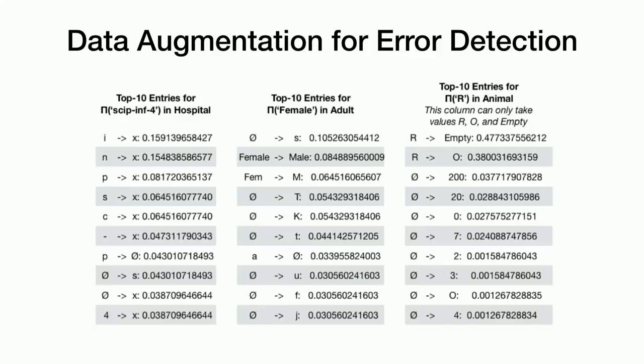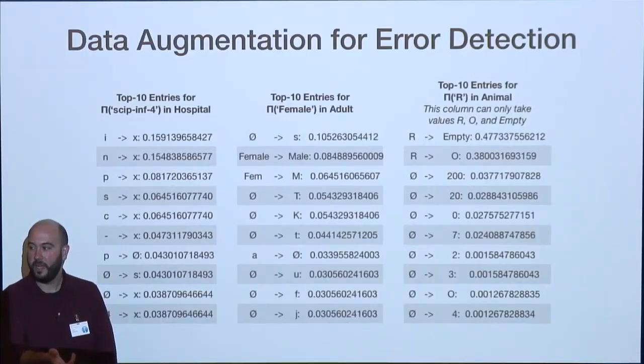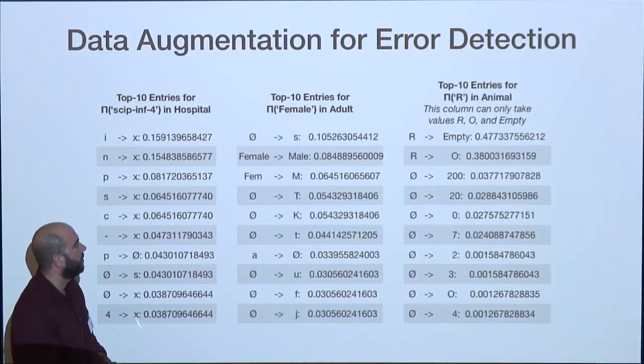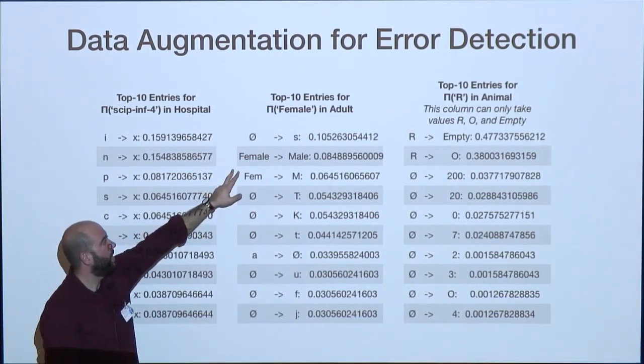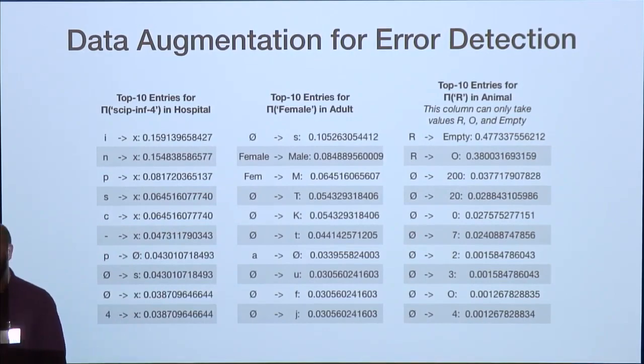These are some example transformations that we've learned from real data. This is a benchmark data set where you have typos being injected by adding the character X. You see that the most prominent transformation it learns is changing everything to X. This is from the adult data set in UCI, which has some naturally occurring errors. It learns that in many cases people mix female with male, so the most prominent transformation is flipping these two values.